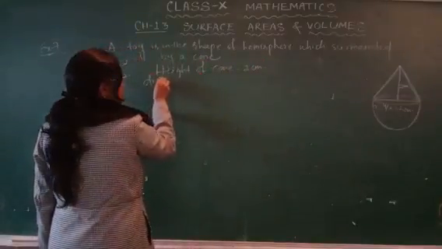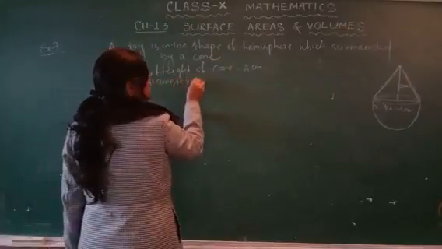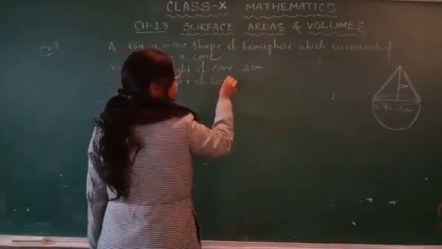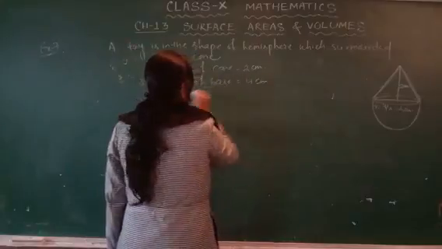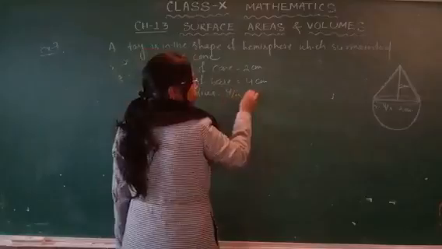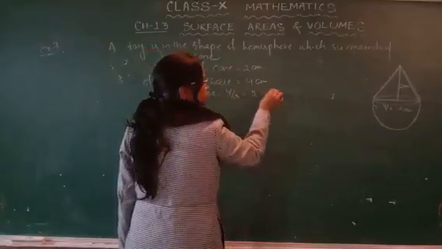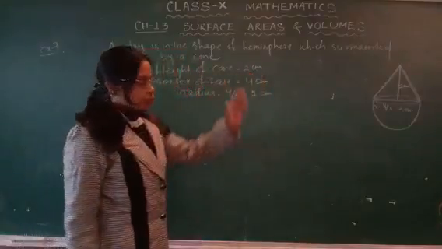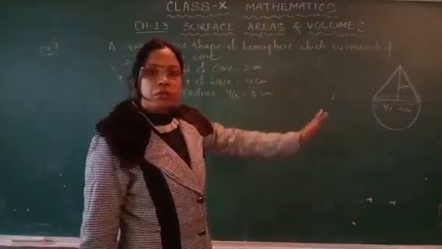And the diameter of the base is 4 centimeter. So radius is equal to how much? 4 upon 2, that is 2 centimeter. Okay. So first we find the volume of the toy.